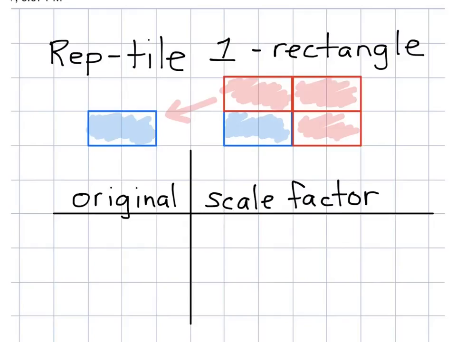So if we look at the width of the figure, it now has a scale factor of 2 because the width is 2 times the original. And also, if you look at the length of the original in yellow, the copied image, the similar image, is 2 times the length. So the scale factor becomes 2, again, because it's 2 times the original.